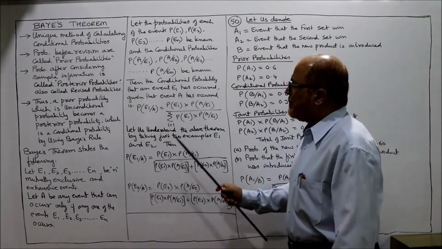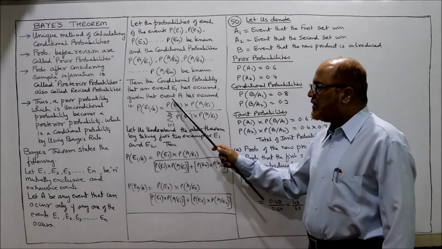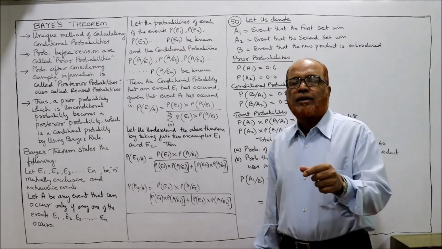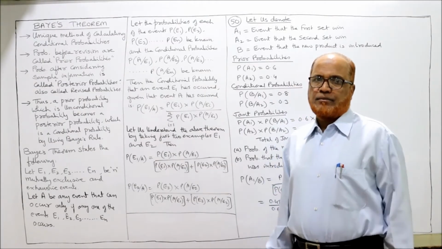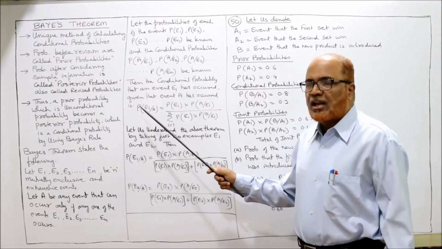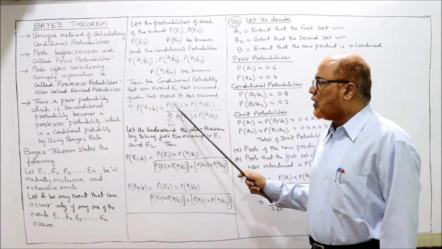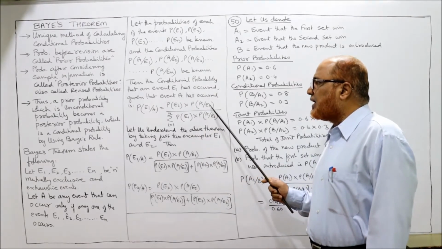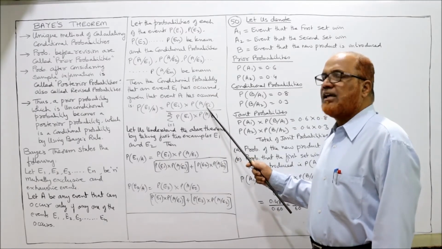So we have taken the example. Then the conditional probability that an event E1 has occurred given that event A has occurred: we have to find out P of E1 given A. So the general formula is P of Ei given A is equal to P of Ei into P of A given Ei.